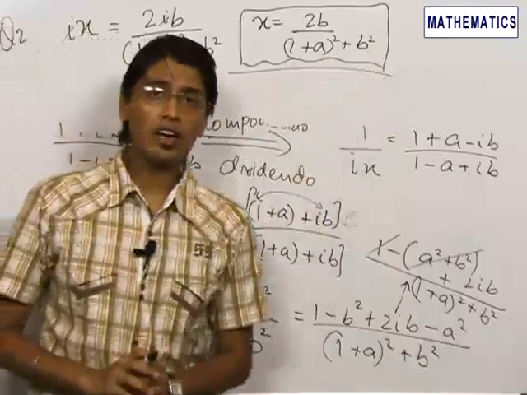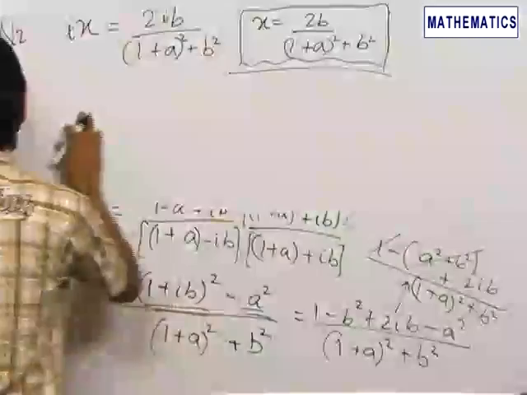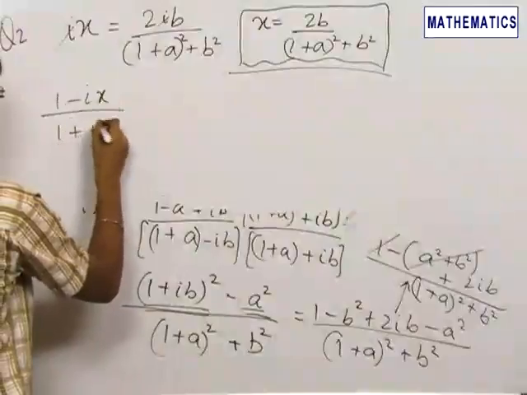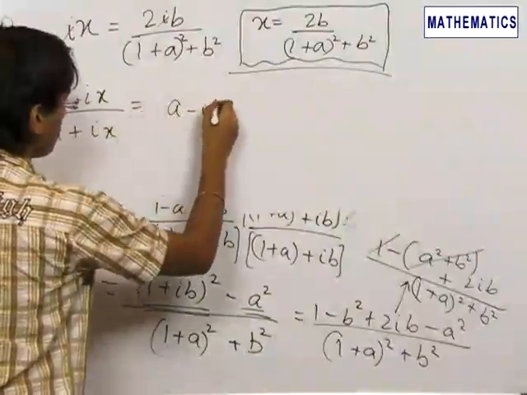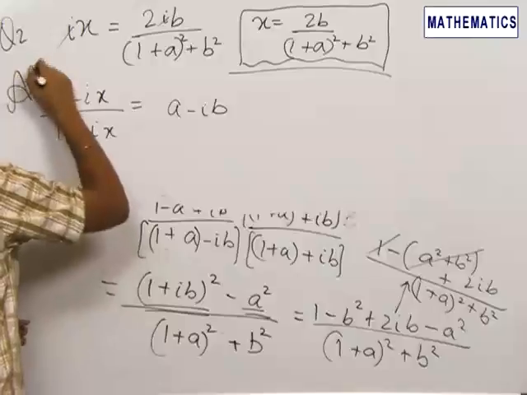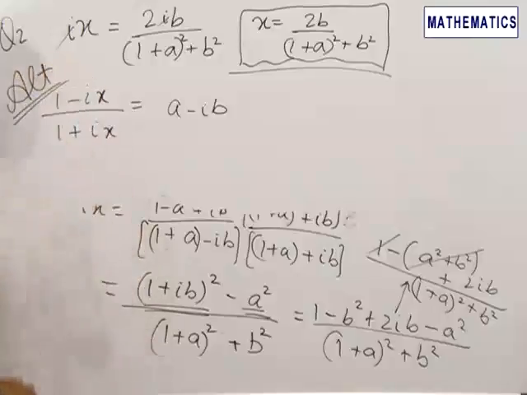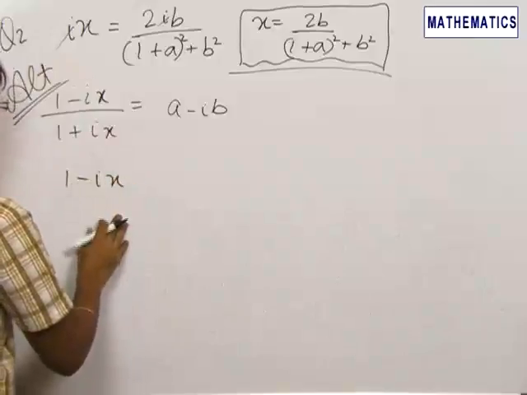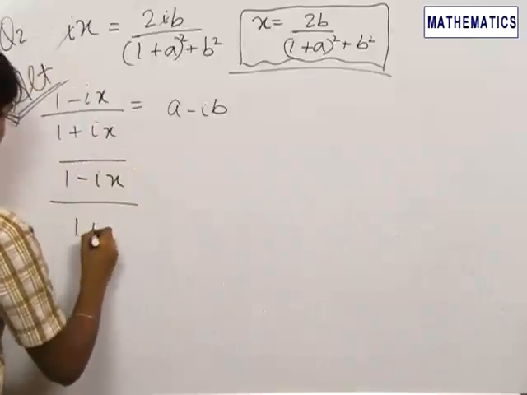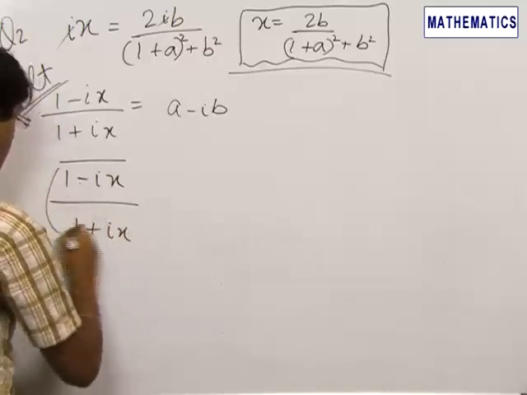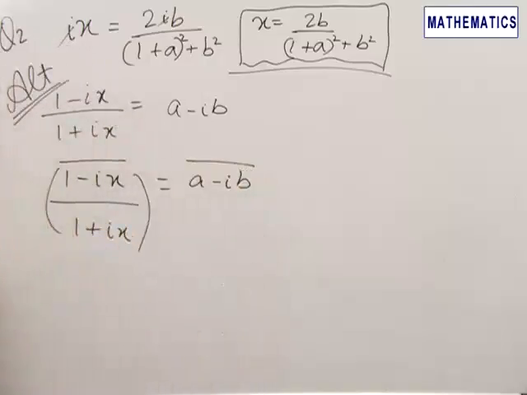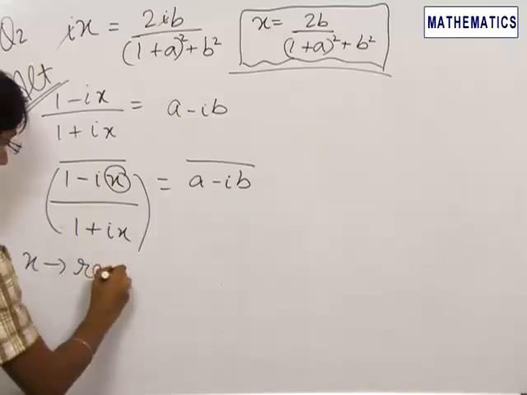Now there is an alternate way to solve this question. We had (1 - ix)/(1 + ix) equals a - ib. This is the alternate solution. Now what we do is, we take bar both sides. Now let us take x to be real.